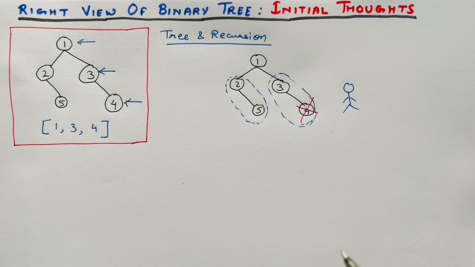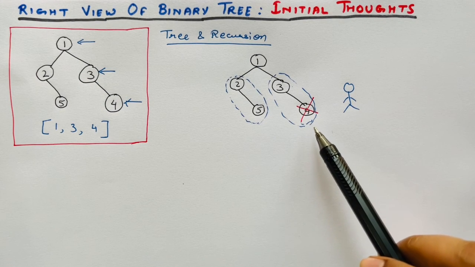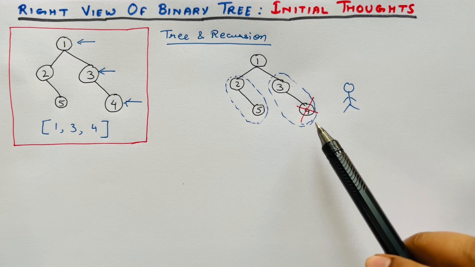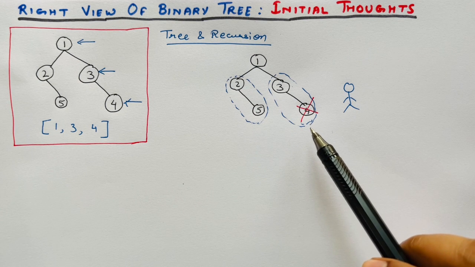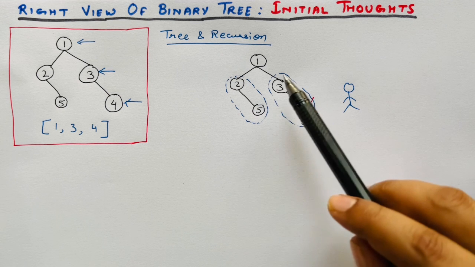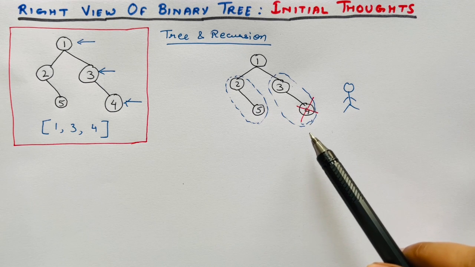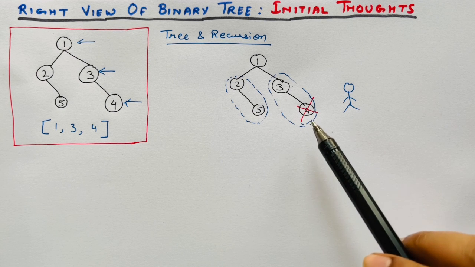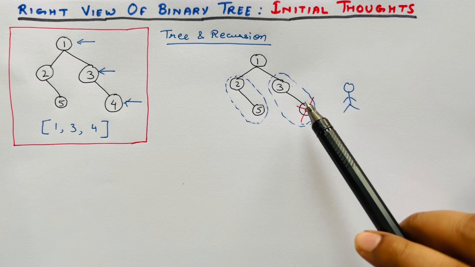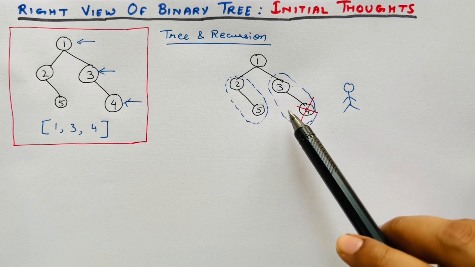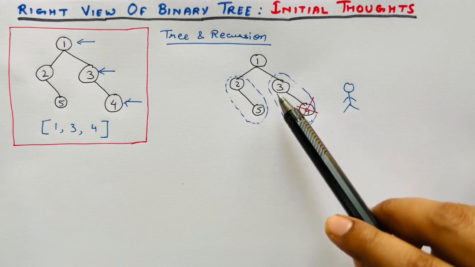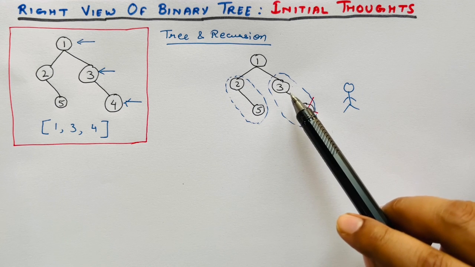Let us assume that this node was not there. Now let us think whether our approach of considering the answer only for the right child will work or not. It won't work. Why? Because if we consider the answer for the right child, that is the right view of the right child, it will only have 3.